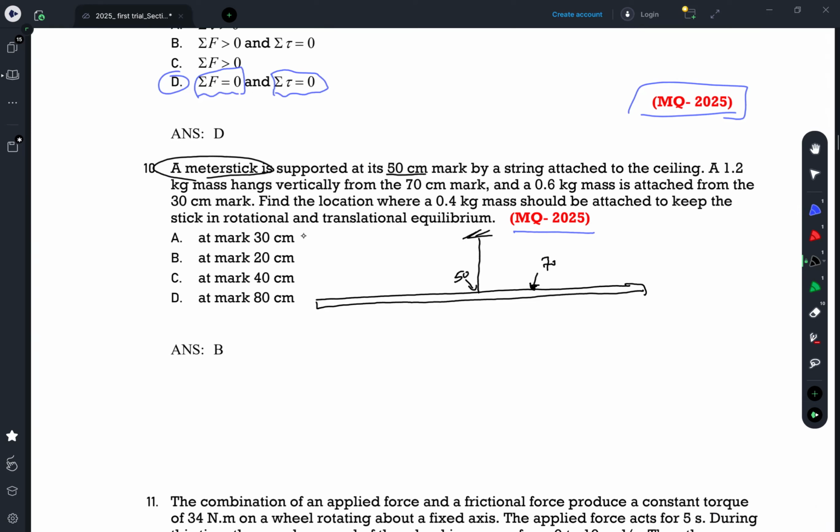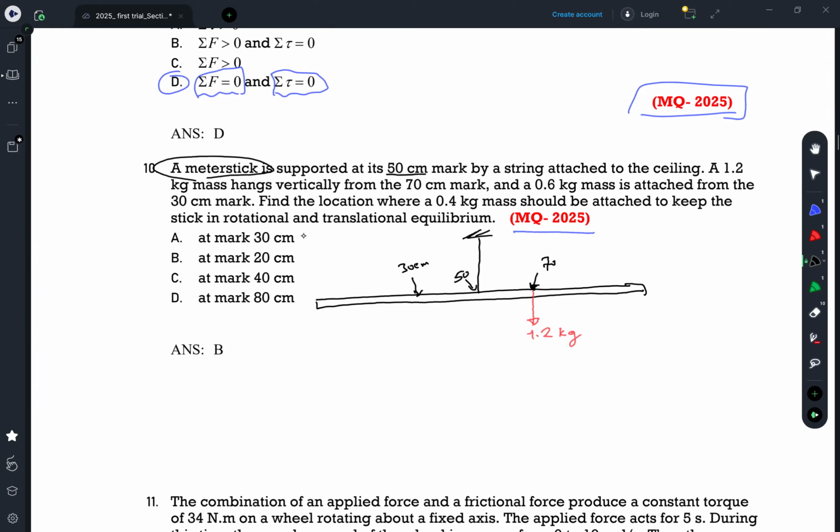Of course, I will draw this mass as a vector because it applies a force. This mass is 1.2 kilogram. And a 0.6 kilogram mass is attached from 30 centimeters, somewhere in here.